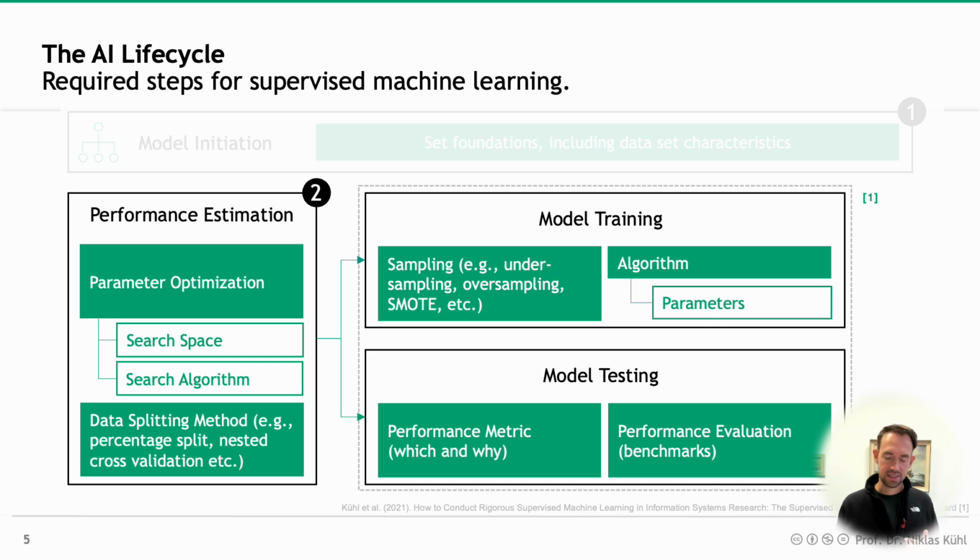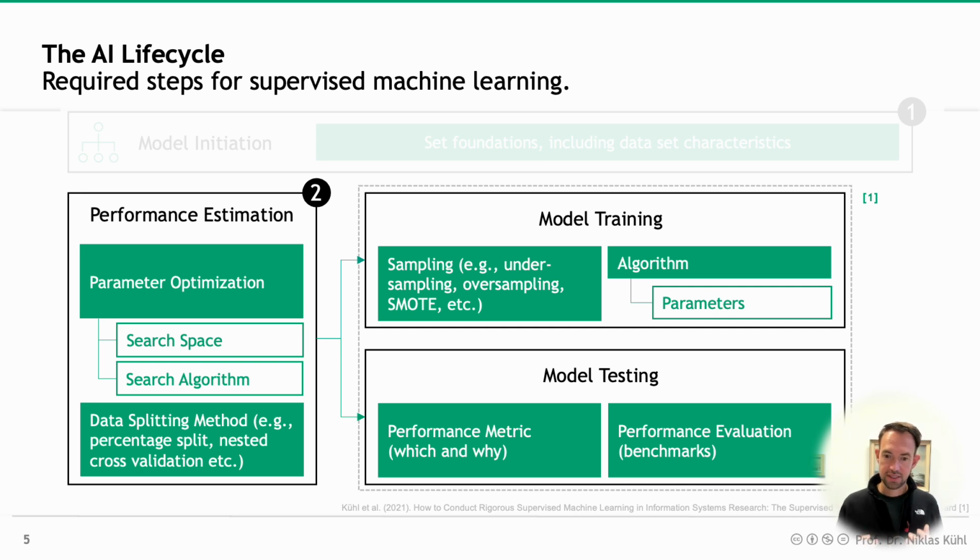And then in the model testing, especially choosing a meaningful performance metric and then evaluating the model so that you get an understanding for its real world applicability, its real world performance, and nothing that is too close to the original data that you might use.